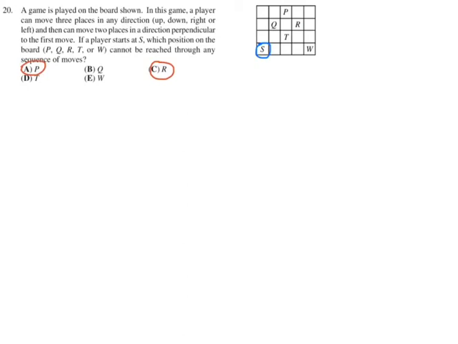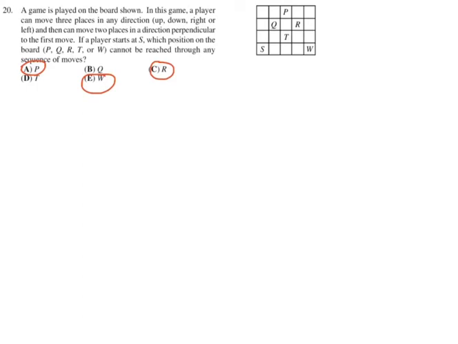Now let's see if we can reach any others. If we start at S and go up 3, then make a move perpendicular and move 2, then down 3, and then make a move that's perpendicular and move 2 to the right, we'll reach W. So W is possible. So now we are down to the last 2, T and Q. Which of these can be reached and which of these cannot be reached?